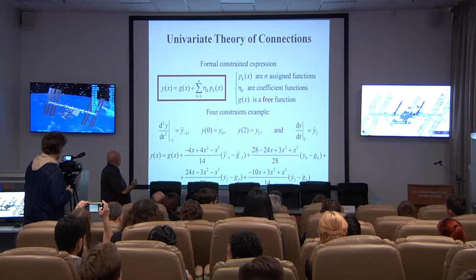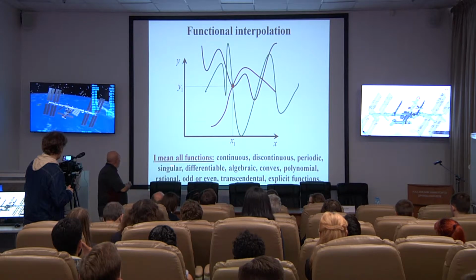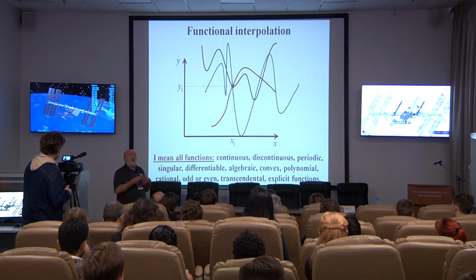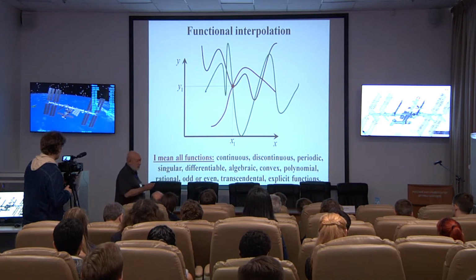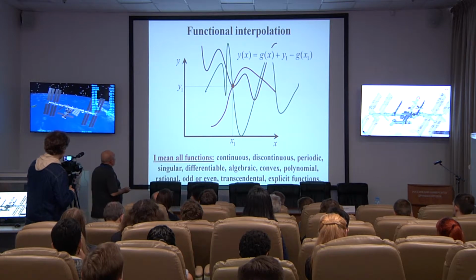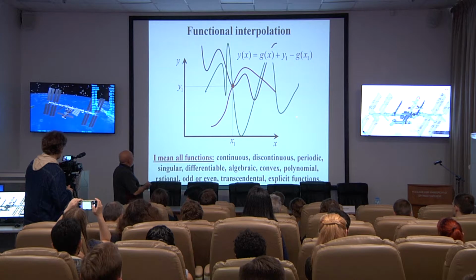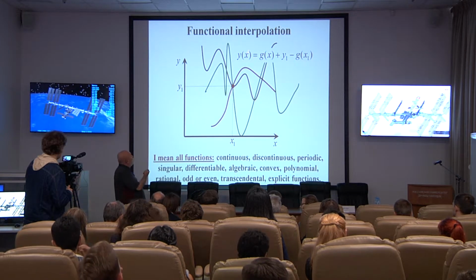continuous, discontinuous, periodic, singular, even the Dirac function, or a function that is partially defined in some region and others. So how to do this? In this case, it's very simple, because basically your function is provided in terms of a new function. That's the functional interpolation.